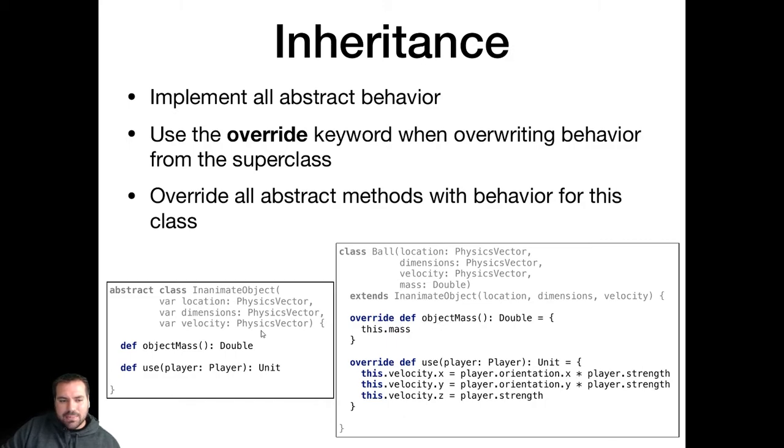So I want this object mass method to have the definition that just returns this dot mass. I already have a mass variable. My object mass is just going to be that variable. Then the use method, I want to override that. Whatever definition I got, in this case no definition at all, I want to override that with this use method, which is the use method from our class that we had before.